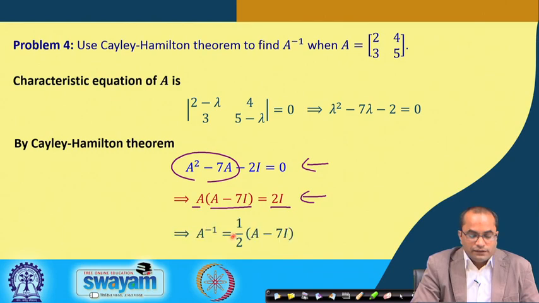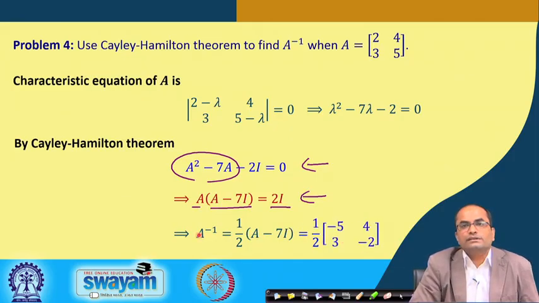So here we multiply by A inverse, and what we will get, the right hand side will be A inverse, and this 2 we can divide here. So we will get 1 by 2 times A minus 7 I, that should be the A inverse. So very easily we got this A inverse here. We need to do just simple calculations to get A minus 7 times I. So that is the value of A inverse using the Cayley-Hamilton theorem.